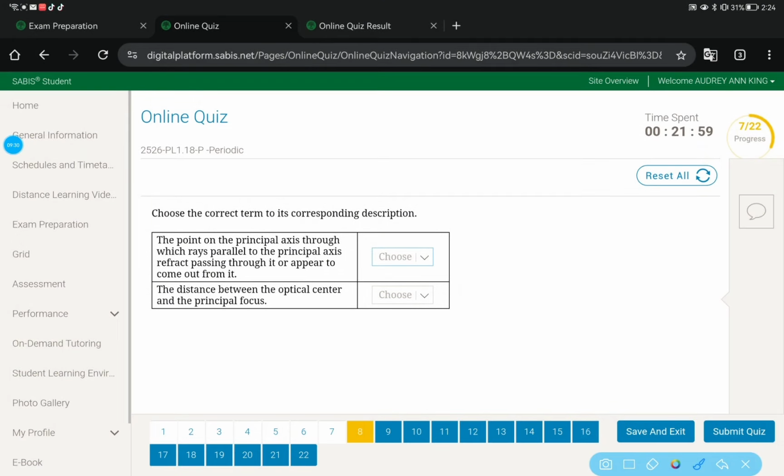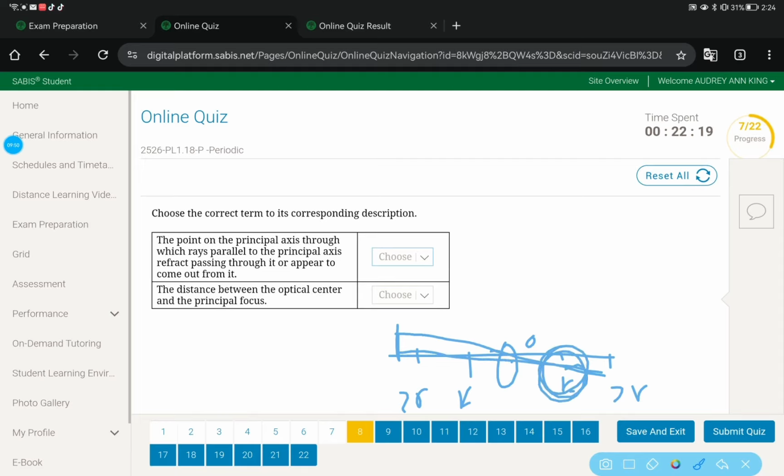Okay, so you've seen in every single one of these diagrams I've drawn so far, each time, my line has passed through the focal point. This focal point is called the principal focus.